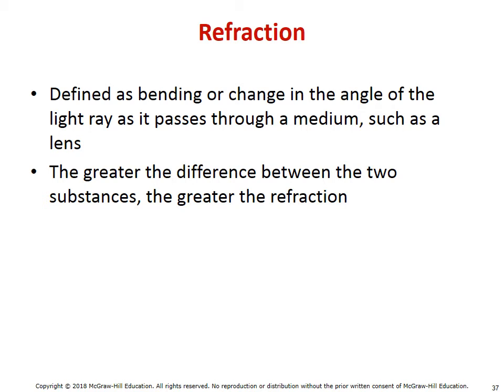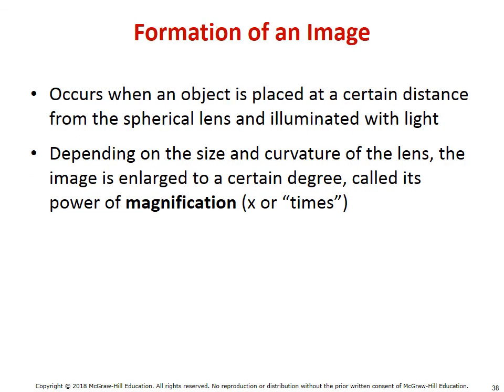I said that for magnification we would have to bend or change light. Well, bending of light is actually known as refraction. So refraction is bending of light, which will change the angle at which the light is passing through a medium or a lens. And so by manipulating refraction, we can create magnification.